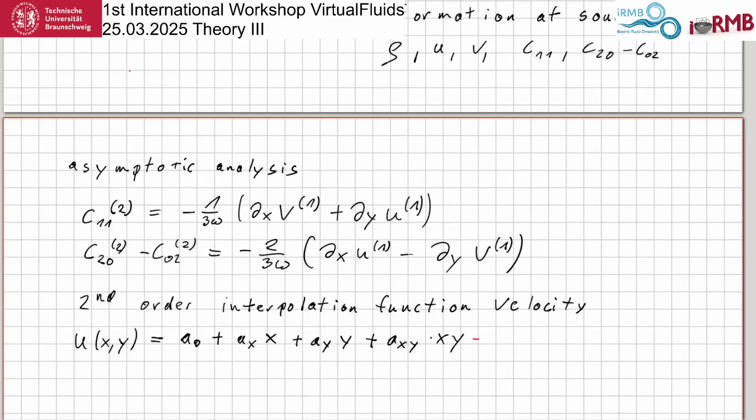Now, this is not sufficient for recovering the right viscosity in the Navier-Stokes equation, so we have to amend this by axx times x squared plus ayy times y squared.